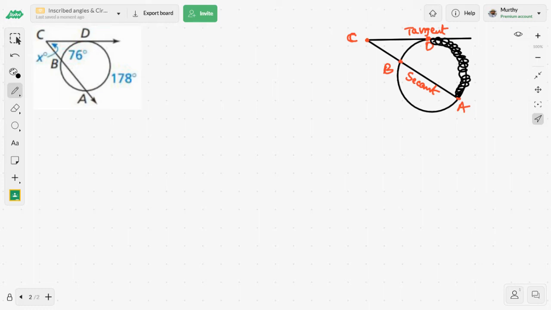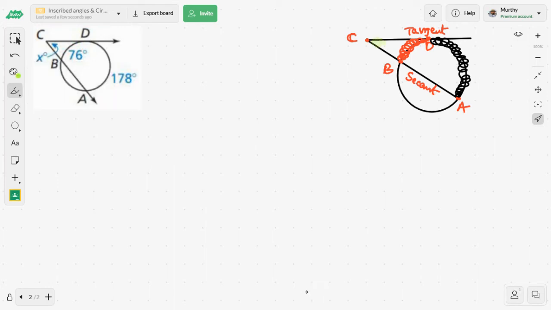Do you see the two arcs? There are two arcs in between the two legs of the angle. One is a long arc and another one is a short arc.